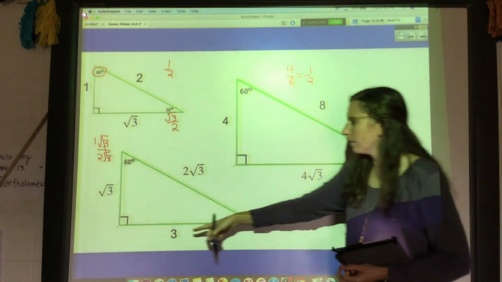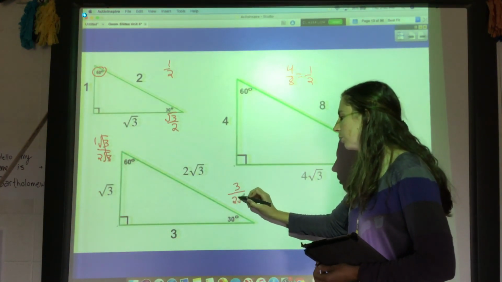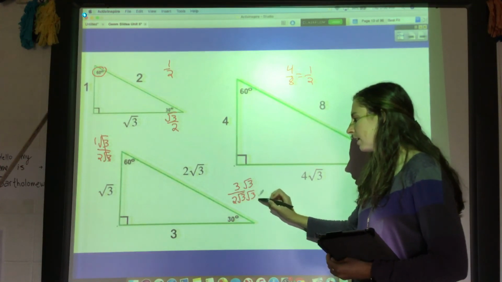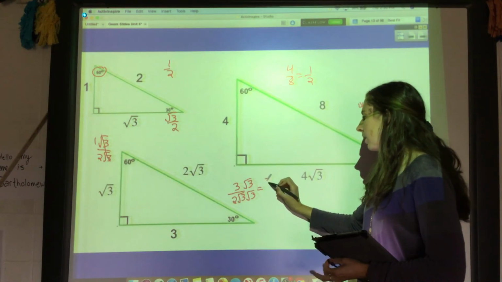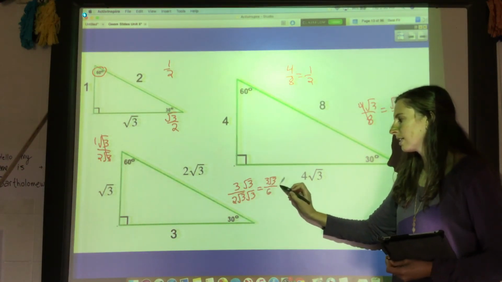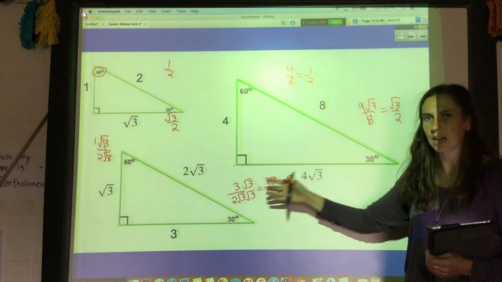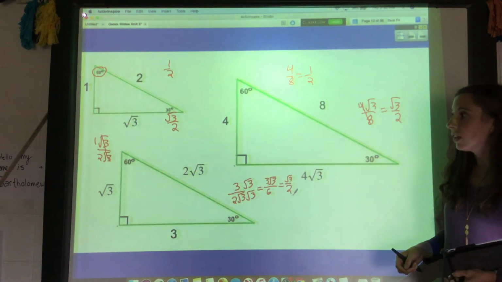And on this one, it would be 3 over 2 root 3. If you rationalize this denominator, that becomes 3 root 3 over 2 times 3, which is 6, which is square root of 3 over 2. If you're not convinced, just put them in your calculator and you'll see that those are the same. Once again, these are all the same ratio.